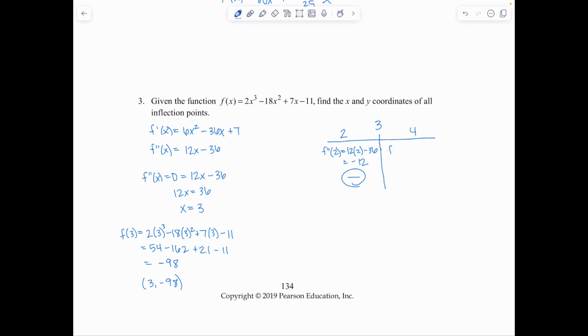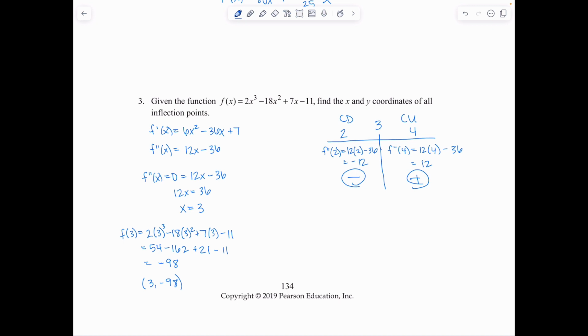If we have the second derivative of 4, that'll be 12 times 4 minus 36. That will give us positive 12. So on this side, it's positive. So this is telling us it's concave down and then concave up.